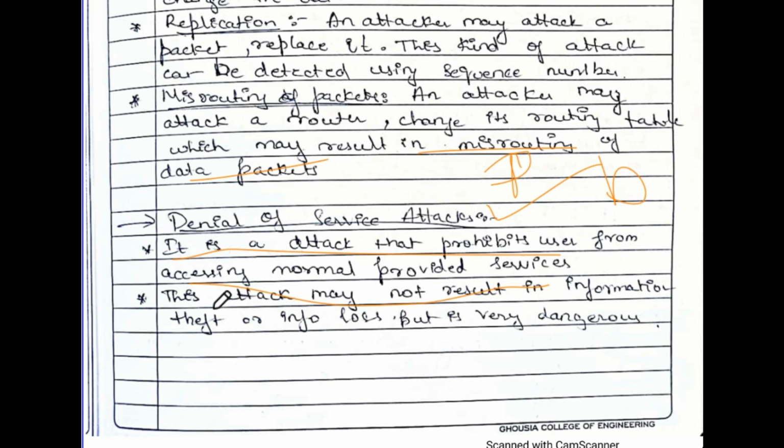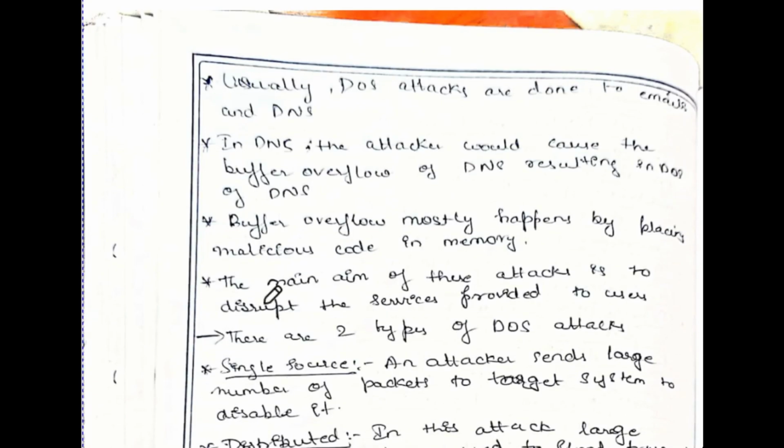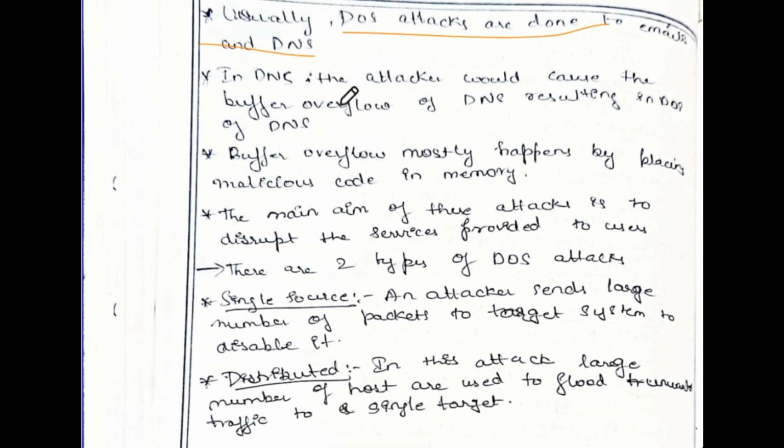The attack may not result in information theft or information loss, but can be very dangerous. Usually, denial of service attacks are done on email and DNS. In DNS, the attacker would send data that could cause a buffer overflow, resulting in denial of services.